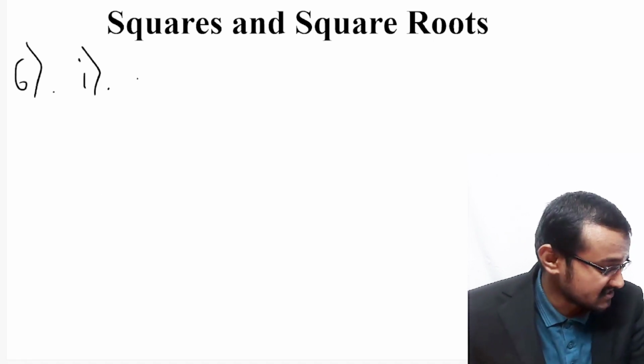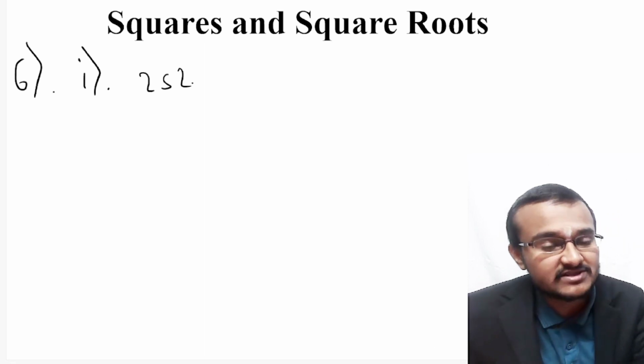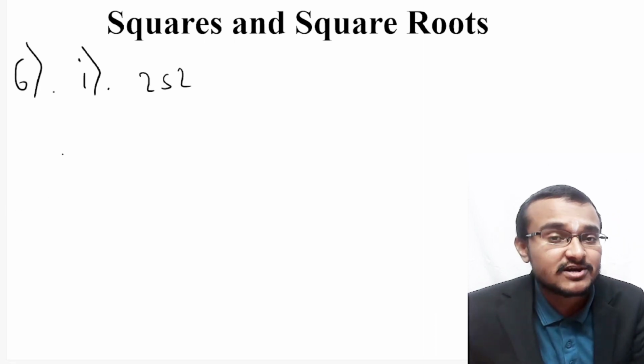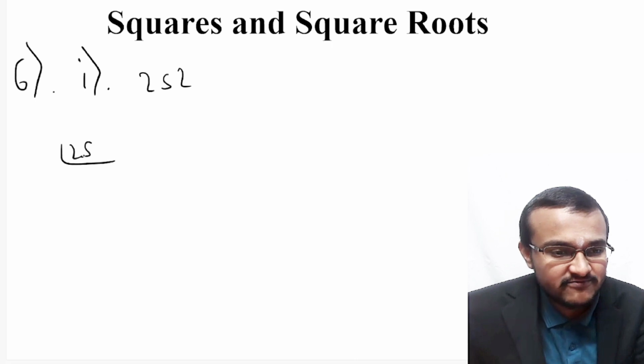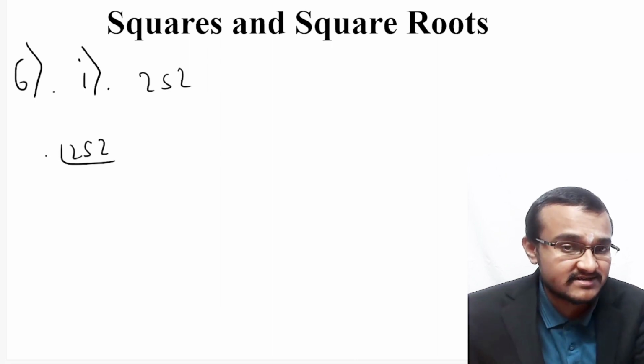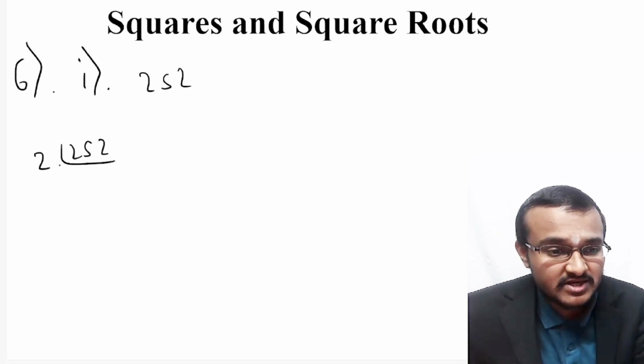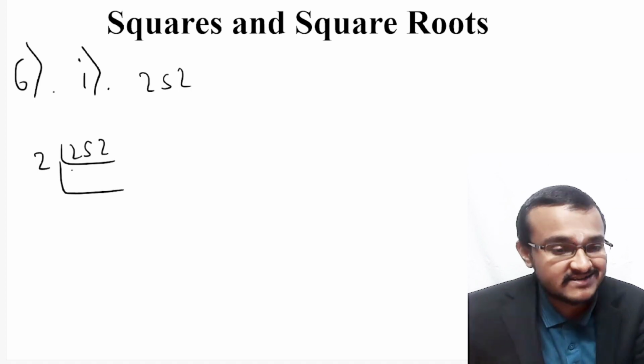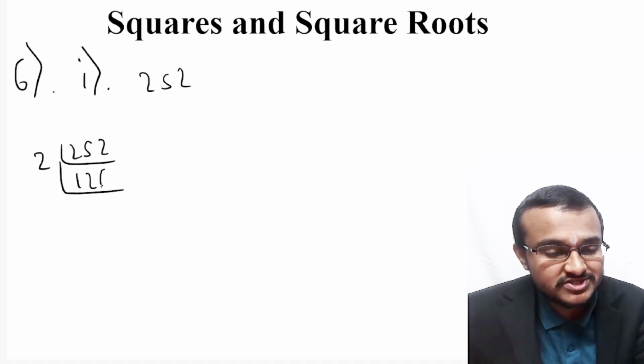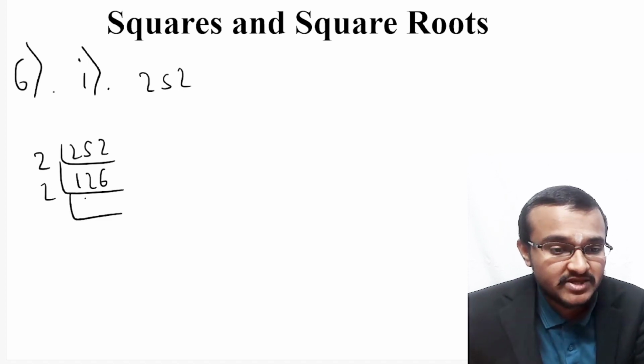So coming to the first question in this sixth question, again they have given the same number 252. When you find the prime factors of 252, you can go on doing factorization. 2 1s are 2, 2 2s are 4, 2 6s are 12. When you use 2, you get 63.